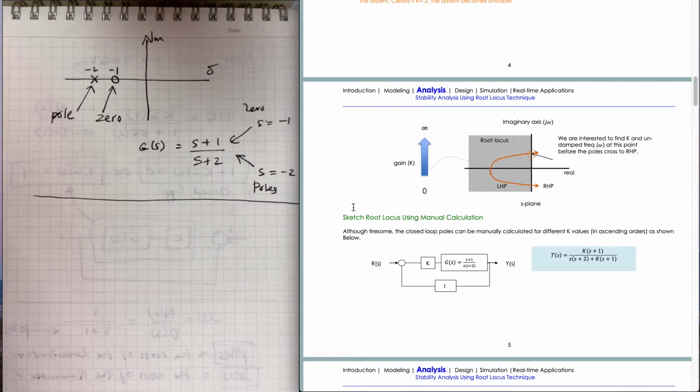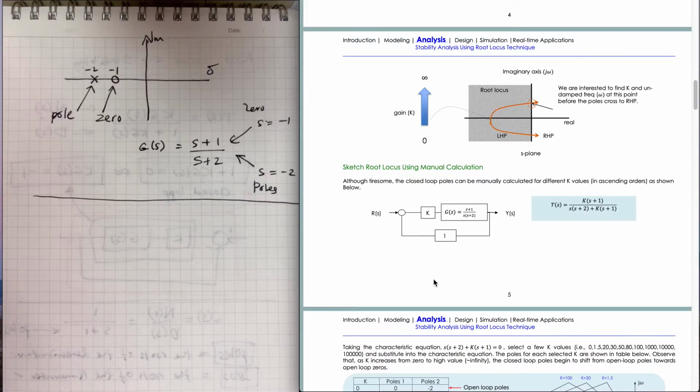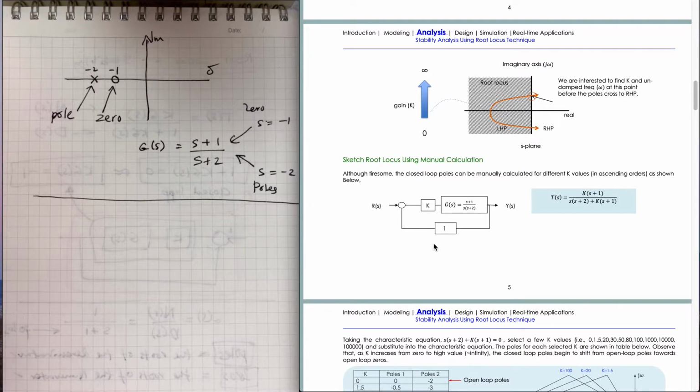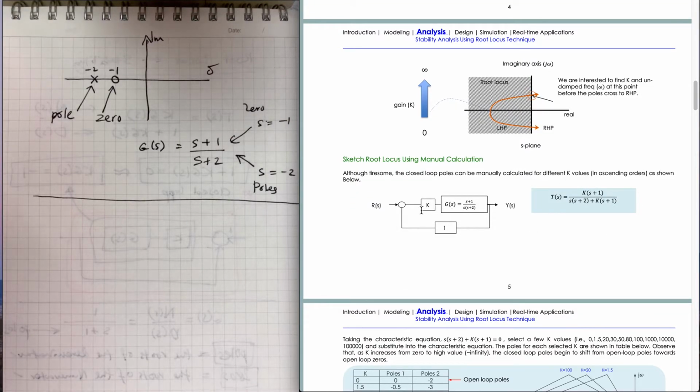First, if we need to prove with manual calculations the behavior of the poles and zero as we increase K values here. Assuming that this is our system, and this is our closed loop system, and this is our open loop system, K(s plus 1) over (s plus 2), right?